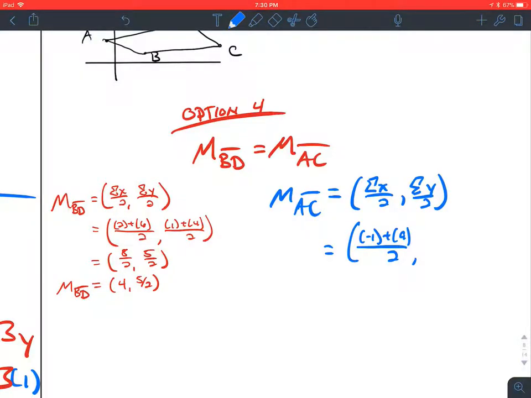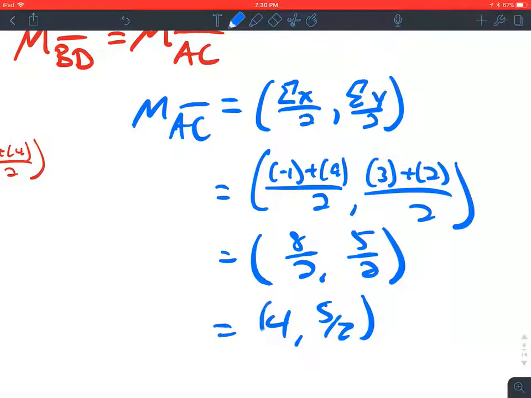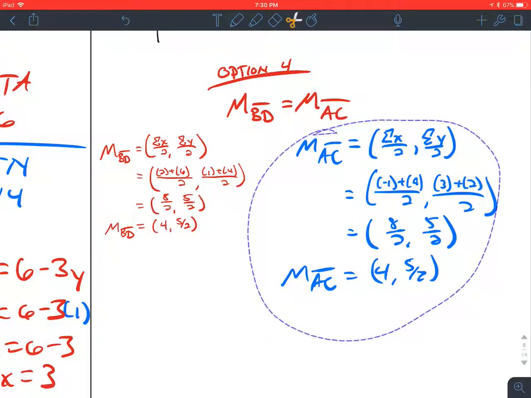The y values for A and C are 3 and 2. Just adding them together and then dividing them by 2. It's going to give me 8 over 2 and 5 over 2, which reduces to 4 and 5 halves. So check it out. The midpoints are the same.